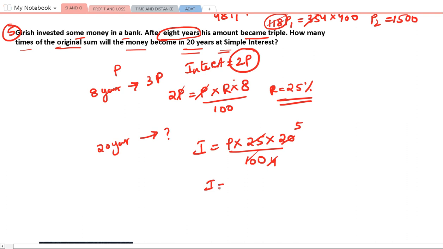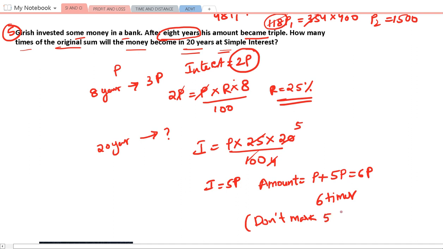So interest is 5P. But he is asking for the amount. The amount will become principal plus interest. Interest is 5P, so that is 6P. The answer will be 6 times. Don't mark 5 times. Sometimes you will get confused here. Don't mark this 5 times.